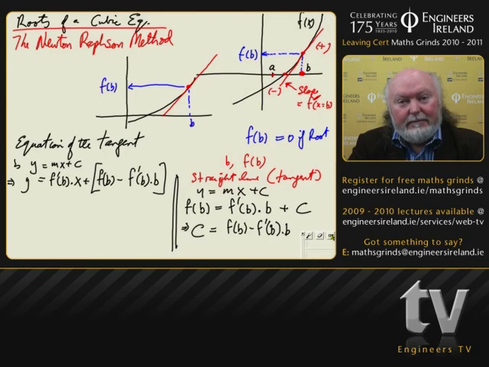We had made a guess. The guess was that when x is b, this function crosses the x-axis. In other words, we have a root. We were wrong, clearly, because the f of b is not 0. But that doesn't mean we just have to take another wild guess. What we're doing is appealing to the geometry of the line.